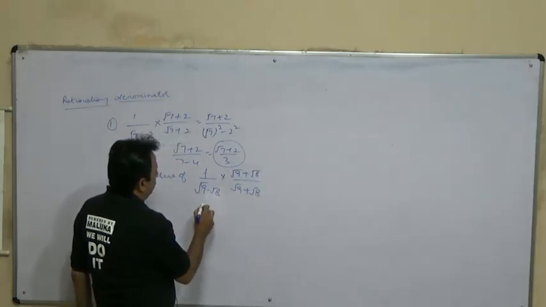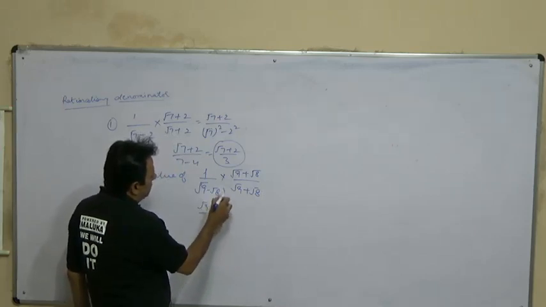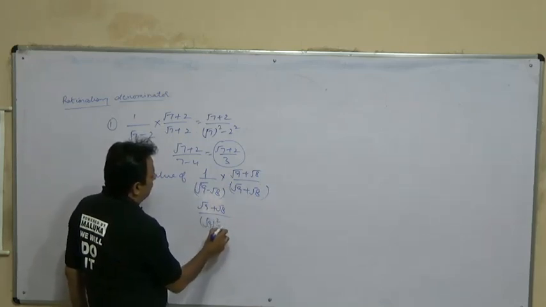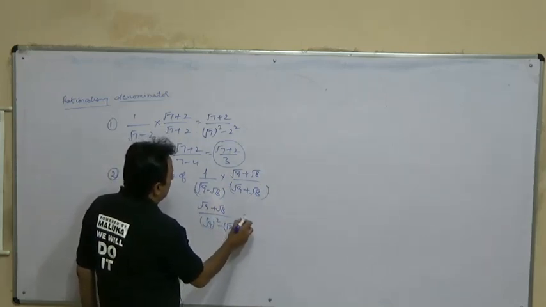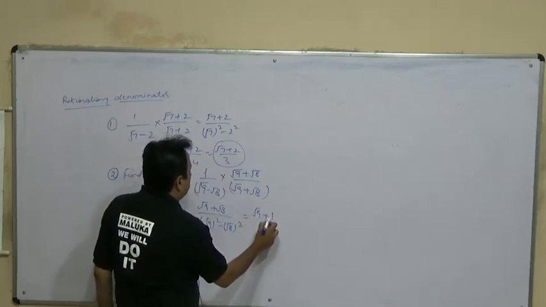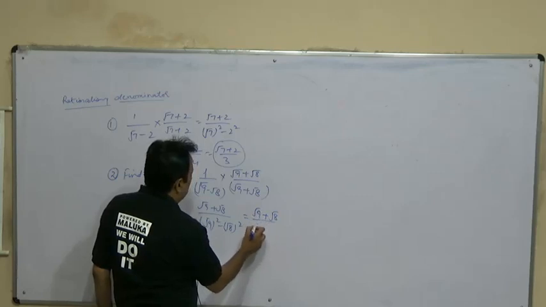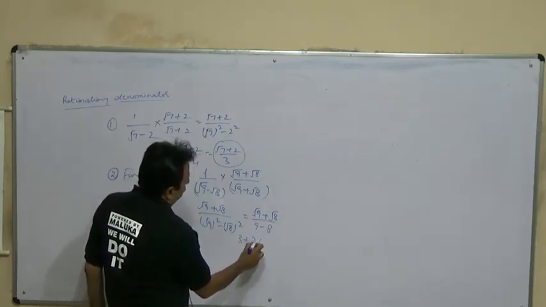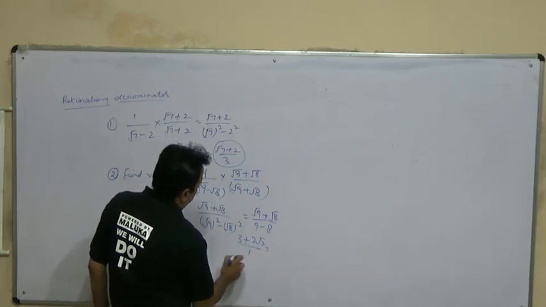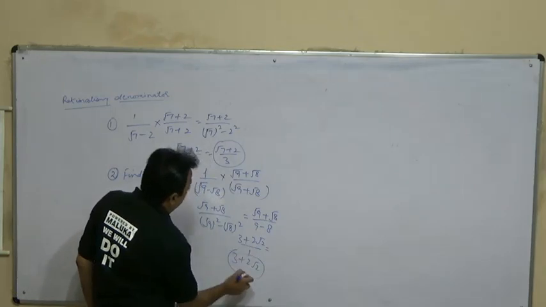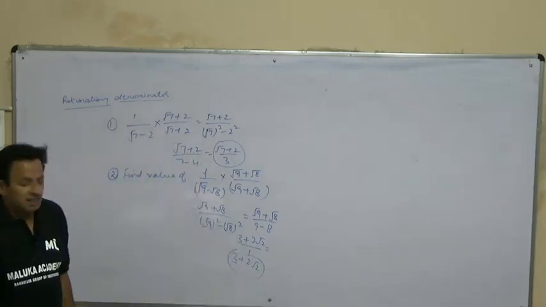So this will be under root 9 plus root 8 upon a plus b or a minus b, which is under root 9 square minus root 8 square. This is under root 9 plus under root 8 upon 9 minus 8. Under root 9 is 3, plus 2 under root 2 upon 1. So this will be your answer, 3 plus 2 under root 2. So this is the value of 1 upon under root 9 minus under root 8.